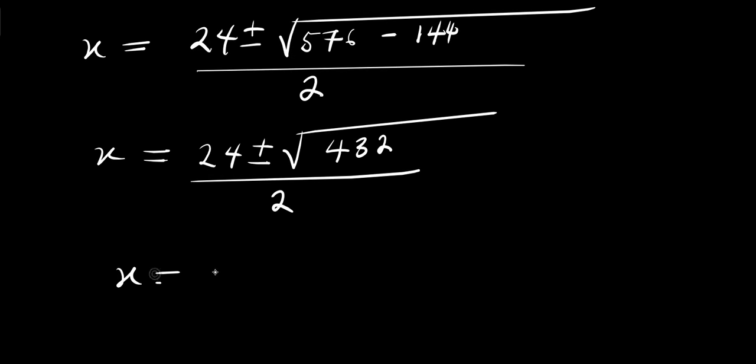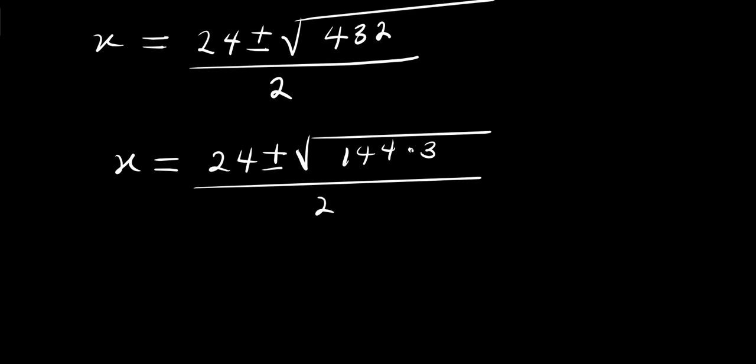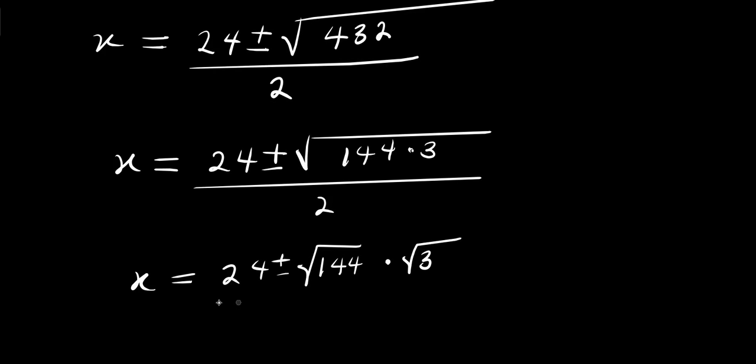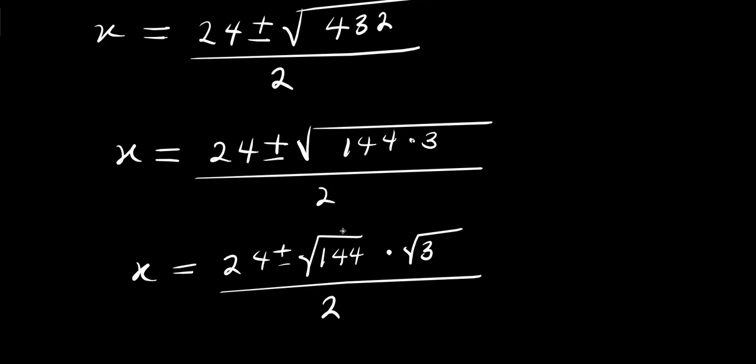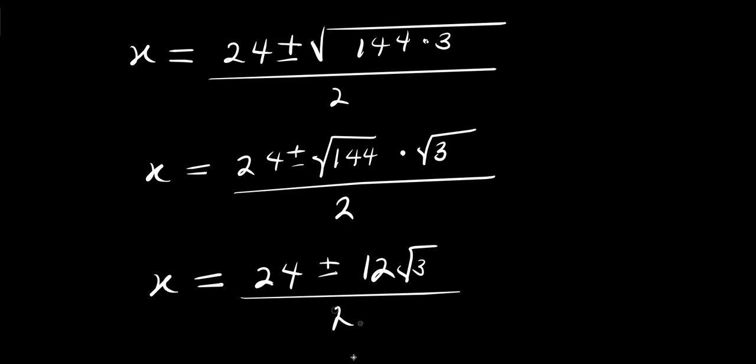From here, x equals 24 plus or minus square root of 432, which is simply 144 times 3, divided by 2. This is square root of 144 times square root of 3, divided by 2. Square root of 144 is 12, with root 3, divided by 2.